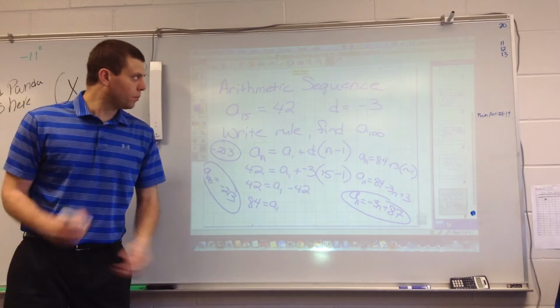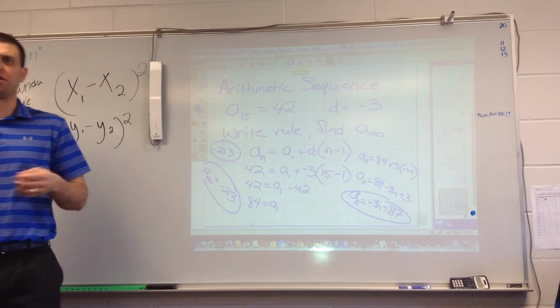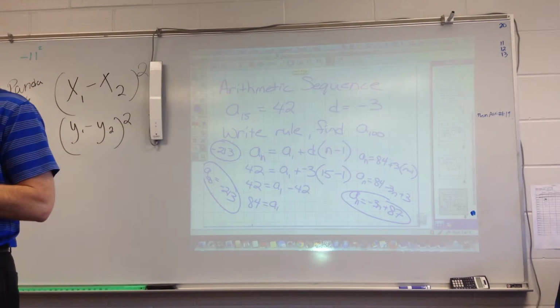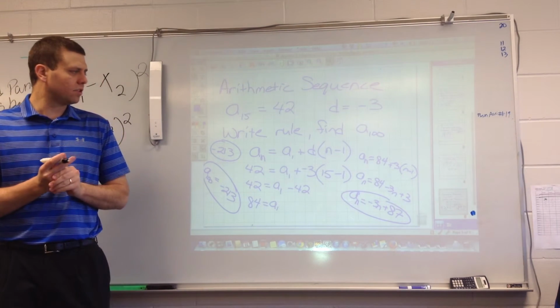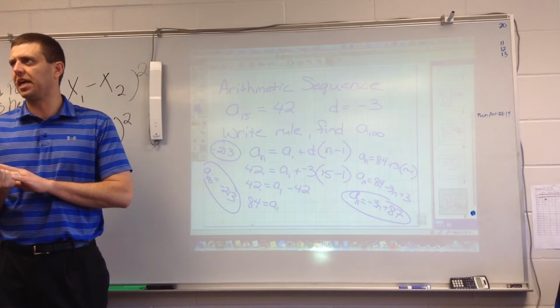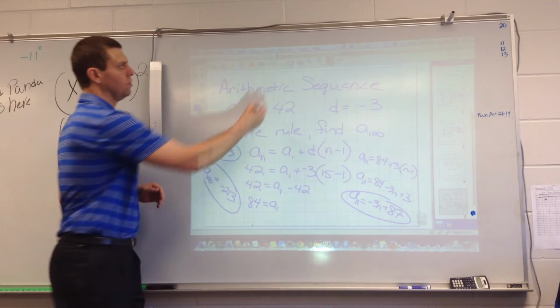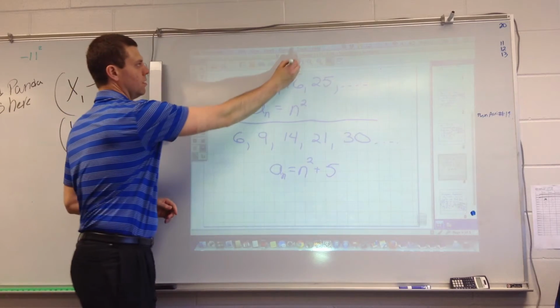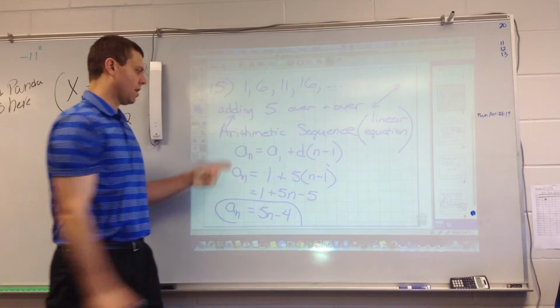You'll do some that are with geometric sequences like this too, where they give you like the 8th term is this, and you've got to find the first term. It's very similar to this, okay? I don't know that I necessarily need to go through a problem with you, I certainly can, but I think you get the general idea. You will use this rule a ton, and this one.